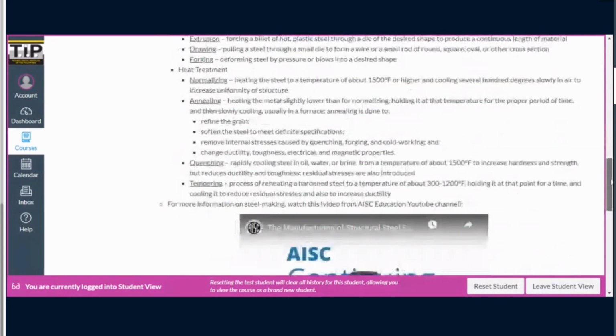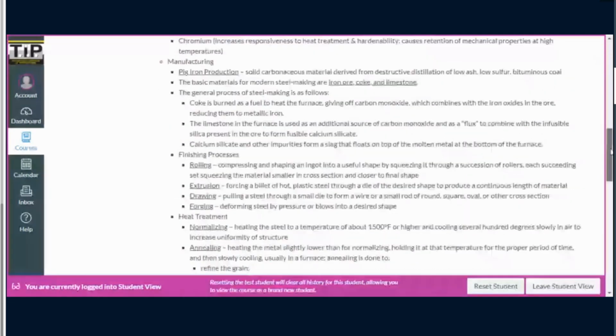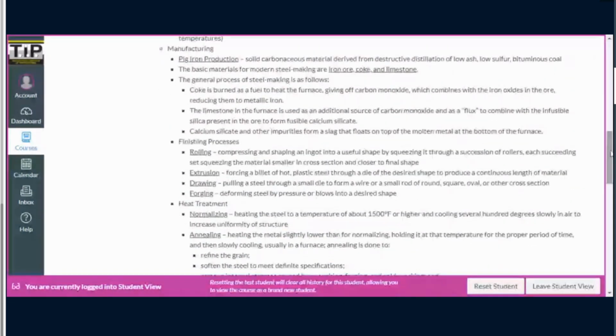Okay, so manufacturing processes, we have the pig iron production. So pig iron is a solid carbonaceous material derived from destructive distillation of low ash, low sulfur bituminous coal.